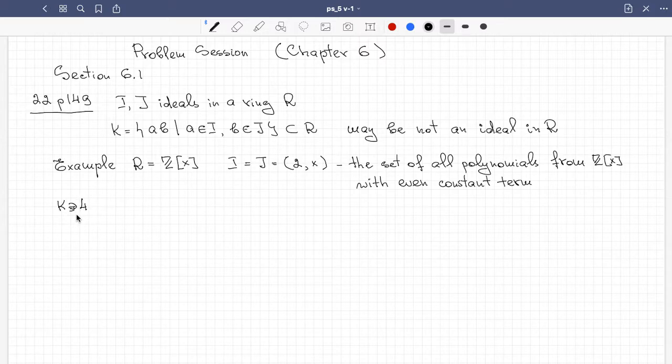And by a similar token, K contains x squared because I contains x, J contains x, so we take x for A, x for B, x squared must be in K. However, K does not contain their sum.